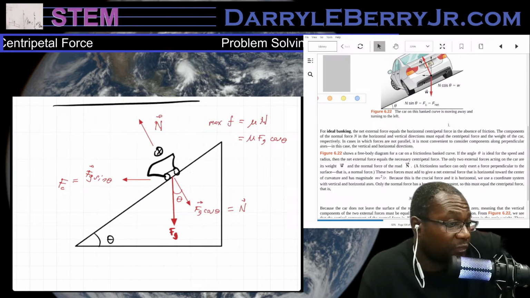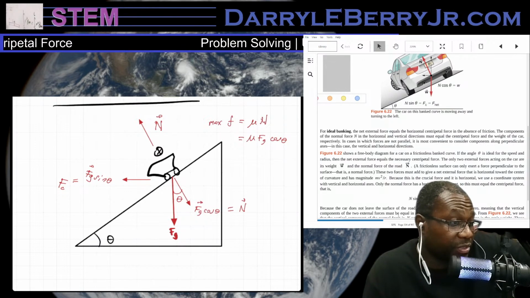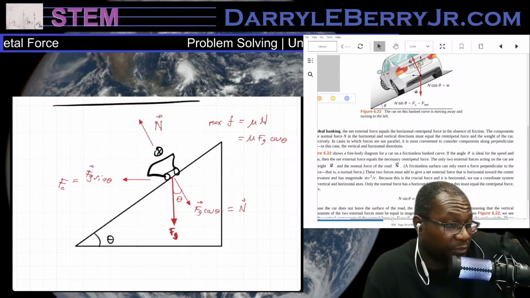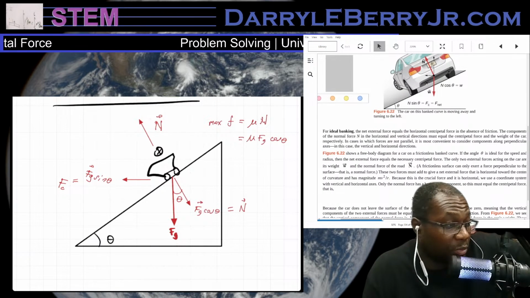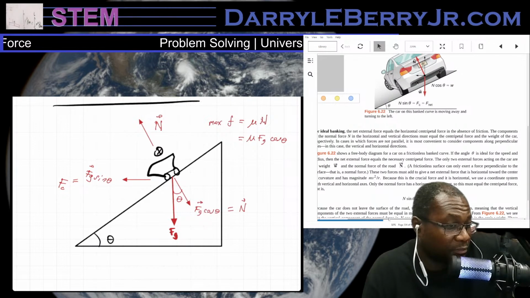The car on this banked curve is moving away and turning left. For ideal banking, the net external force equals the horizontal centripetal force in the absence of friction. The components of the normal force in the horizontal and vertical directions must equal the centripetal force and the weight of the car.